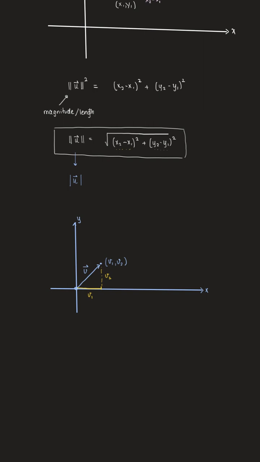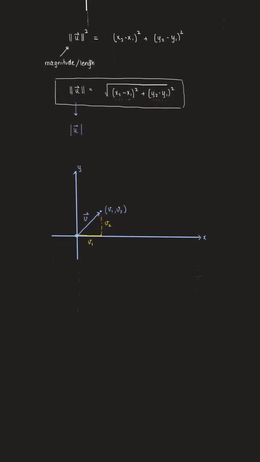So this is helpful because when V is a position vector, which means that its tail is at the origin, then the magnitude of V is just going to be the square root of each component squared. Because notice, if we do V1 minus 0, that's just V1 squared, plus V2 minus 0 will be V2 squared.